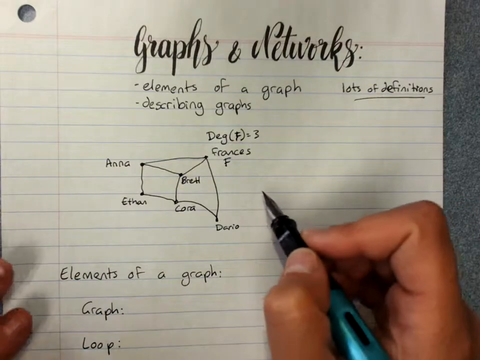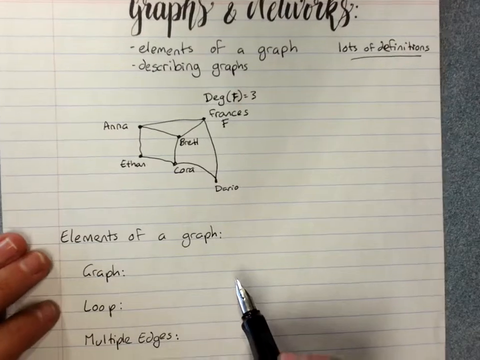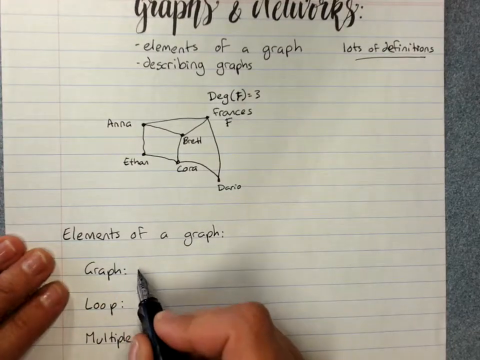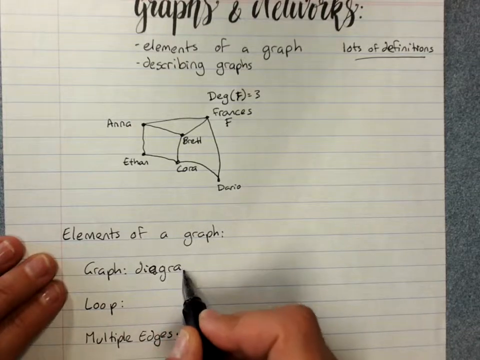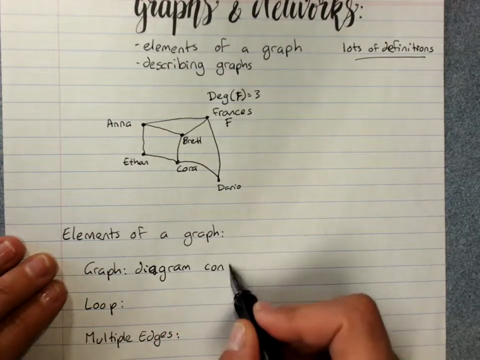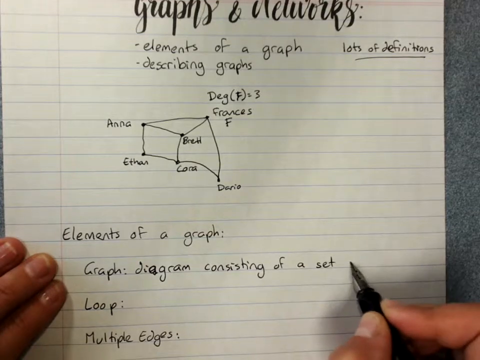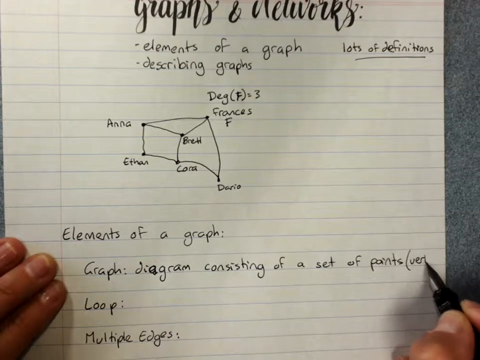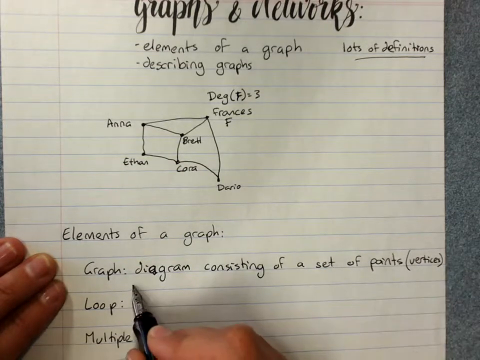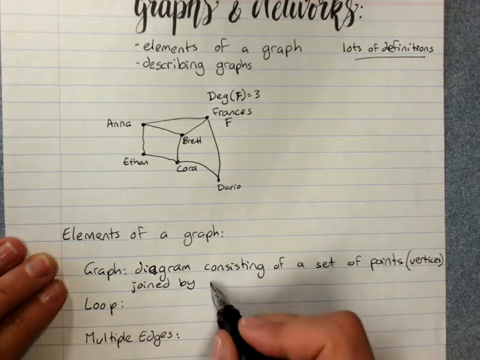We need to look at different parts of a graph, the elements of a graph. So, okay, we've got a graph. And a graph in graph theory is a diagram consisting of a set of points, our vertices, joined by a set of lines called edges.